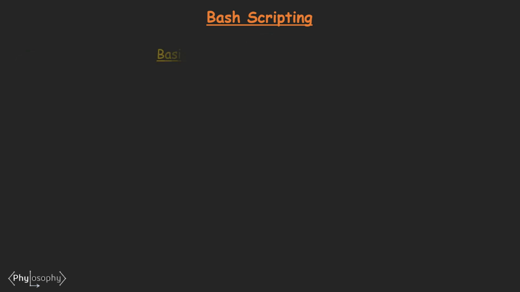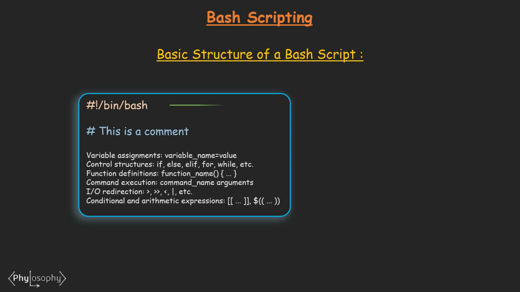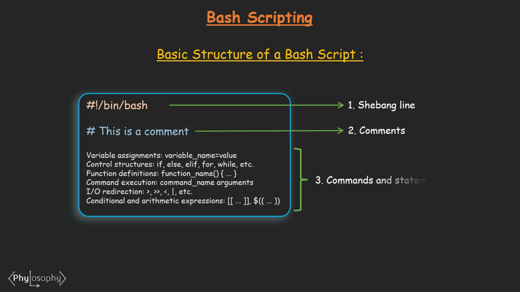Now let's talk about the basic structure of a bash scripting file. Every bash script starts with a shebang line. This is the first line, acting like a label. After the shebang line, we typically have a section for comments. These lines in the script are not executed by the interpreter.